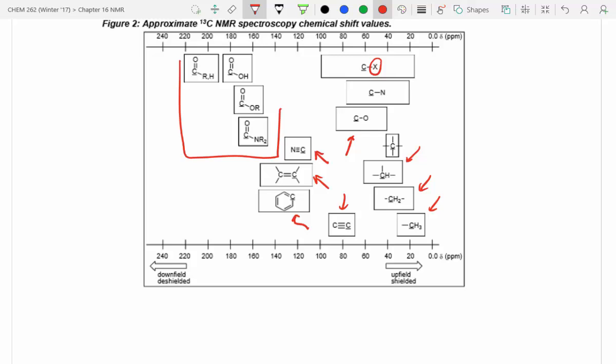One thing I really like about carbon NMR is it will tell you a lot about symmetry, right? So let's say you've got a molecule with a molecular formula of C6H12, and let's say you only see one carbon peak in your carbon NMR. What does that mean? Cyclohexane. That means there's a lot of symmetry going on.